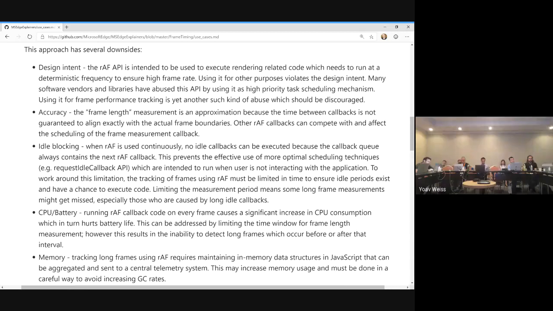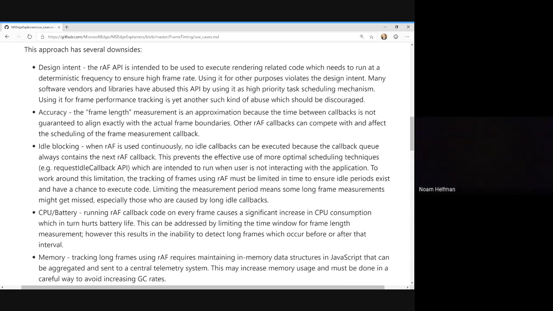So we have a time window of 5 seconds where we measure the frame rate using the rAF loop, and then we stop registering rAFs. If the user did any interaction during those 5 seconds, we extend the window for another 5 seconds, until the user has basically stopped interacting with the application.